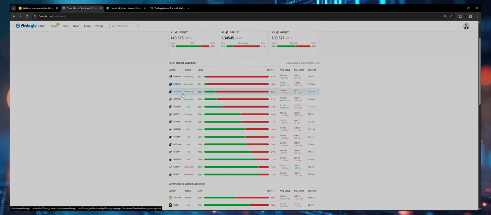Right, next one. Aussie dollar strong buy. Okay, so that is still above 10%. So yeah, there's only 18% in the long position. So that's good. We can look to long Aussie dollar.